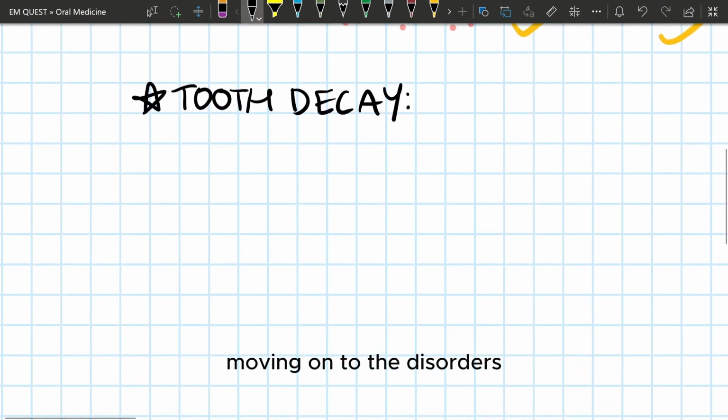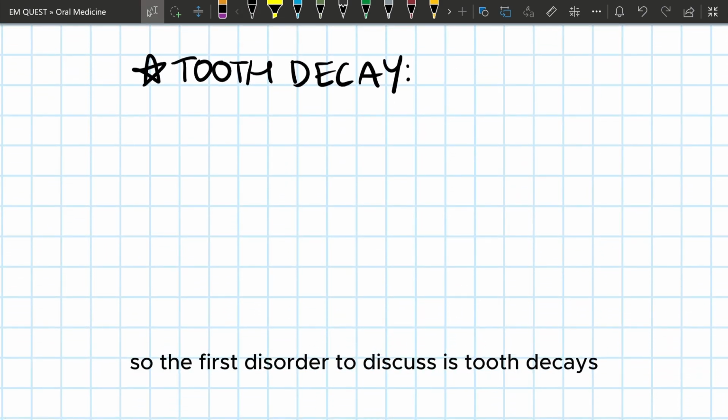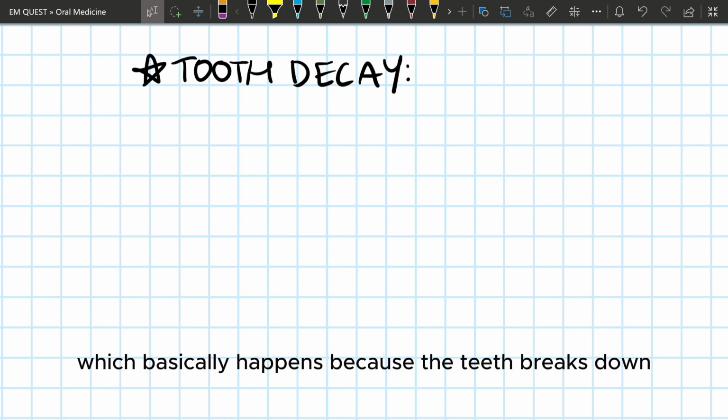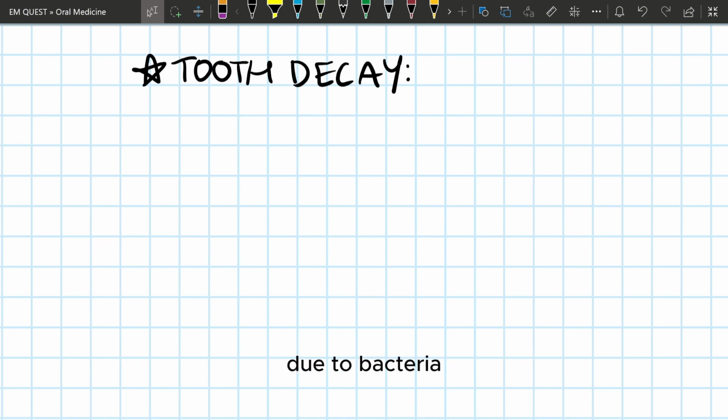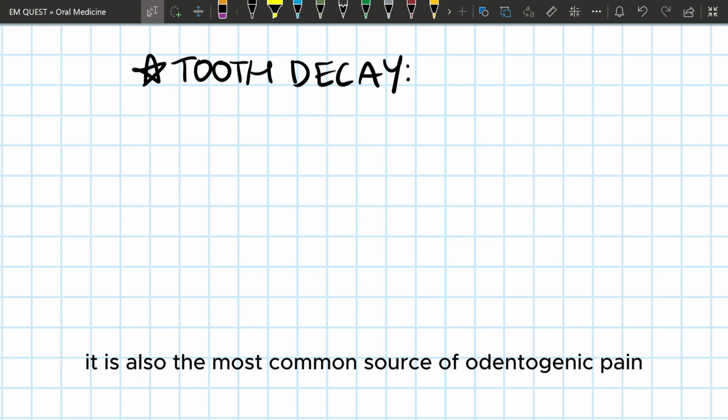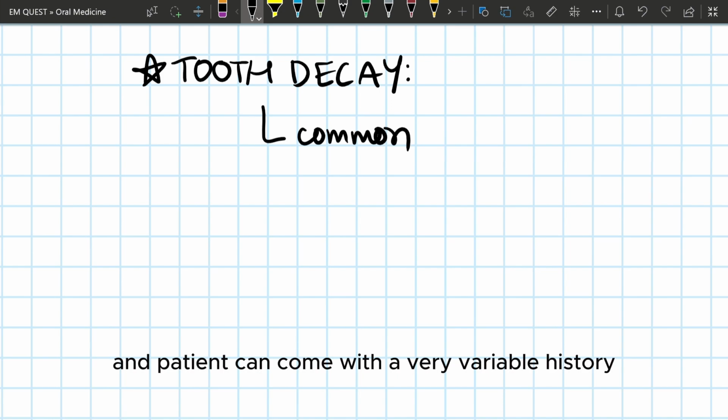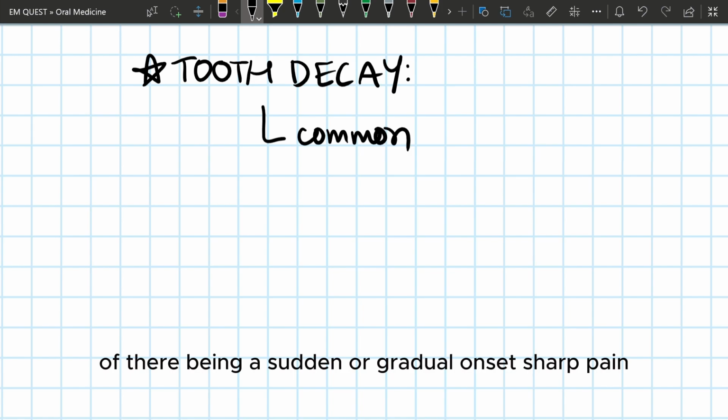Moving on to the disorders. The first disorder to discuss is tooth decay or dental caries, which basically happens because the tooth breaks down due to bacteria. It is also the most common source of odontogenic pain, and patients can come with a very variable history of sudden or gradual onset, sharp pain.